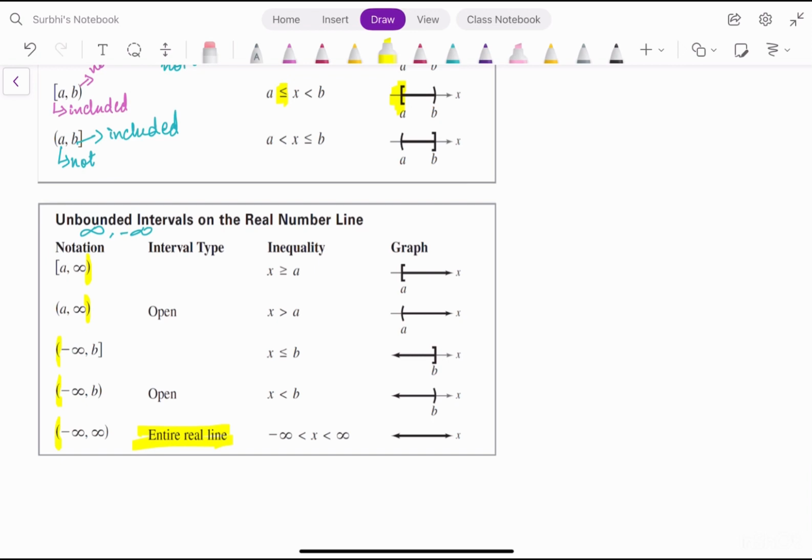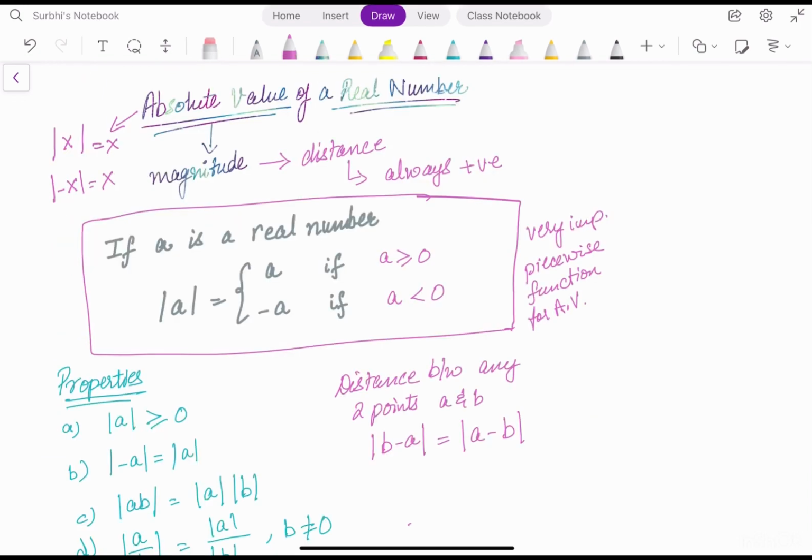There is no endpoint for a line. That's why when we write the notation for a line, it has two arrowheads on both sides, right? That is the basic principle of a line that you might have learned in geometry. So infinity and negative infinity always use open circles.